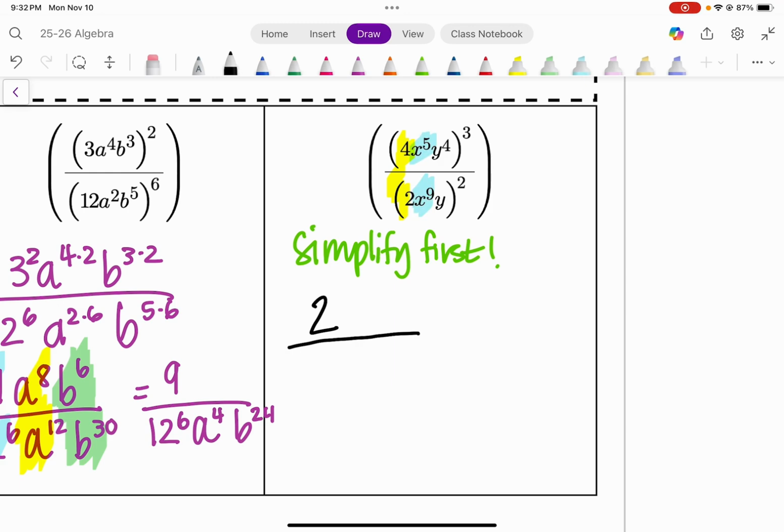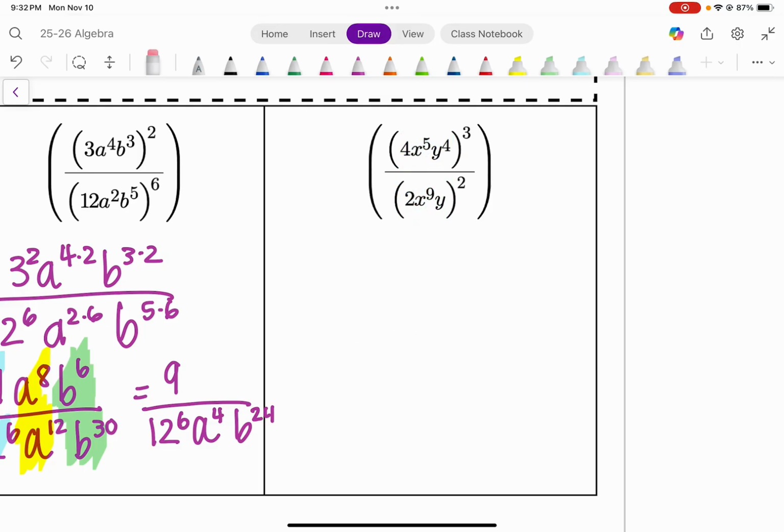Since there's extra x's, we're going to put x to the 4 in the denominator. And then we've got y to the 4 over y. I think I'm doing this one wrong now that I think about it. Let's try this again. Okay, my bad. Sorry, guys.